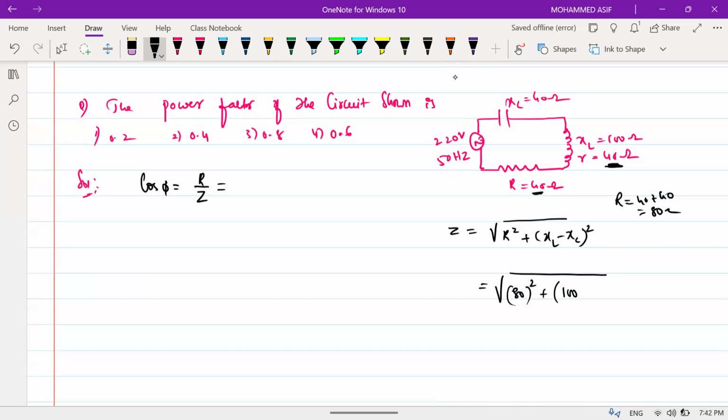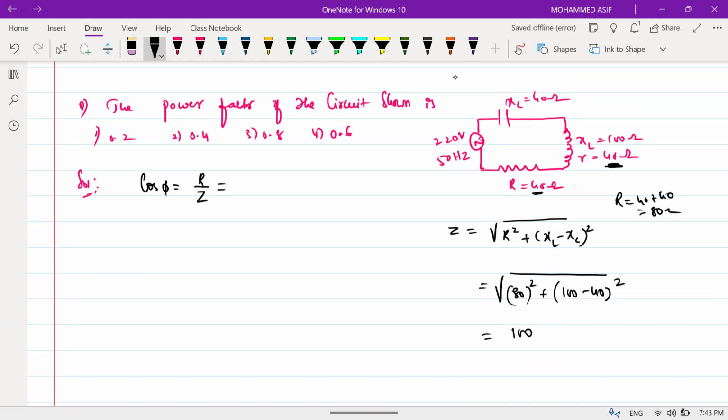Plus this one is 100 minus 40 whole square. So how much is this? 8 8s are 64. 100 minus 40 is nothing but 60, 6 6s are 36. So it will be equal to 10,000. That means root 10,000 will be equal to 100.